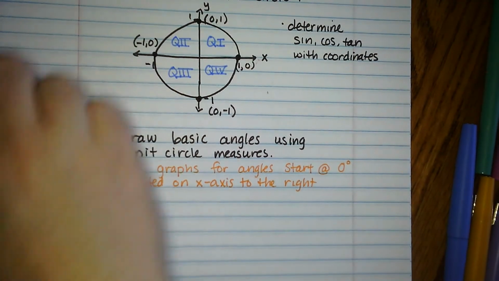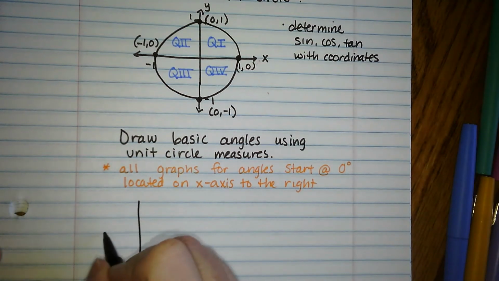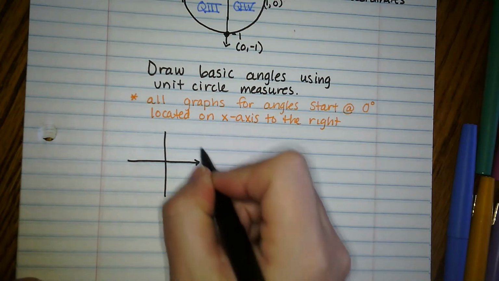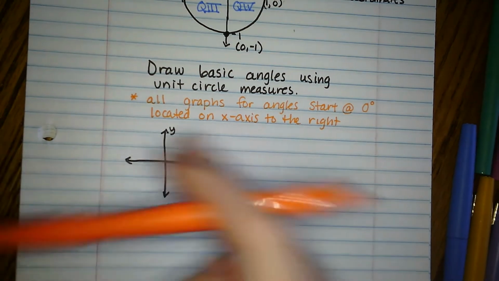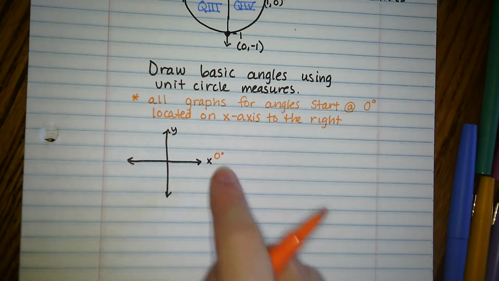Okay, so when we draw our angles, we don't need a big one to do it. When we draw them, there's our x, there's our y, this is our coordinate plane. 0 is always here. 0 degrees, always here on this side.